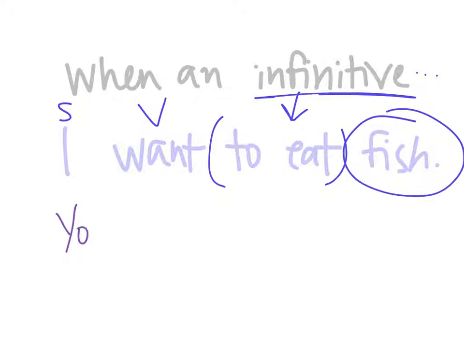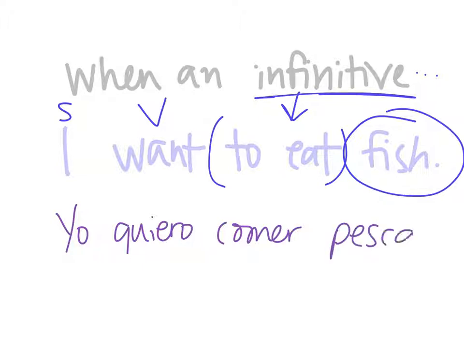So let's translate this and let me show you what I mean. What's I want? Yo quiero comer pescado. Pescado will change into what pronoun? It would change into lo, because it's singular and it's masculine. It's saying it. I want to eat it instead of I want to eat fish. When an infinitive is involved, the direct object pronoun can still go before the conjugated verb if you want. And this is my conjugated verb right here.